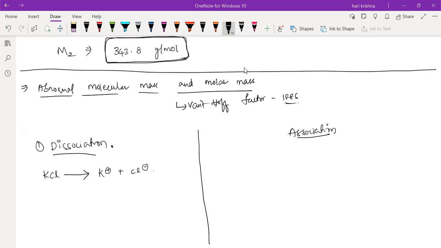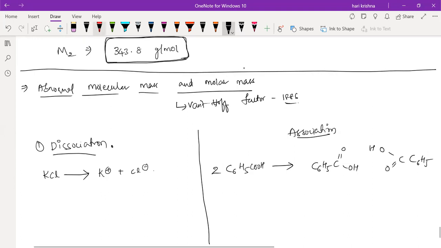Okay, suppose you're adding acetic acid in some benzene. Now we have added two acetic acid molecules in the benzene, but when it is added to the benzene, it is undergoing the association process. That means two molecules are combining to form a single molecule like this.